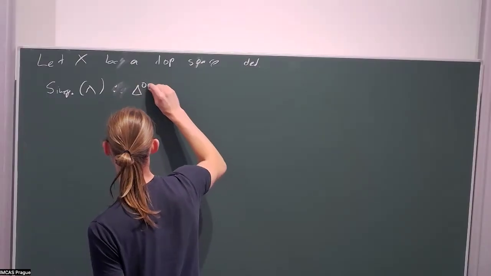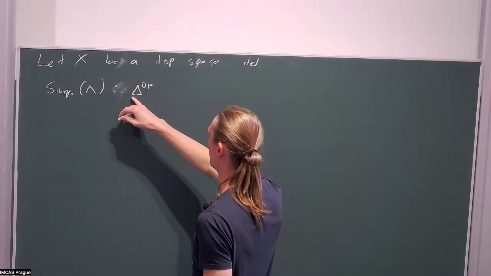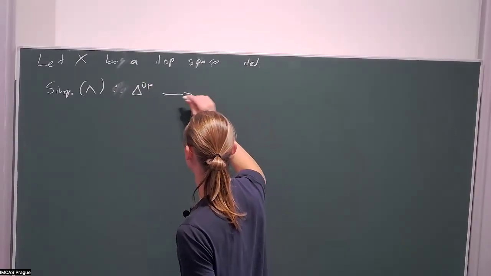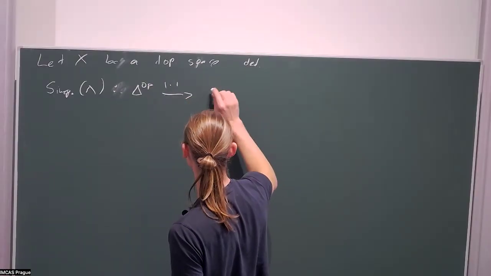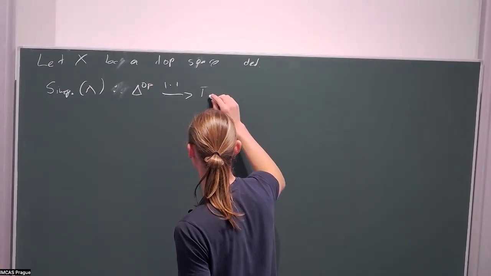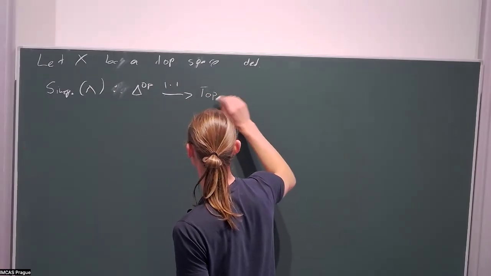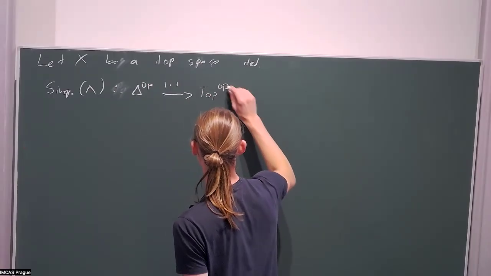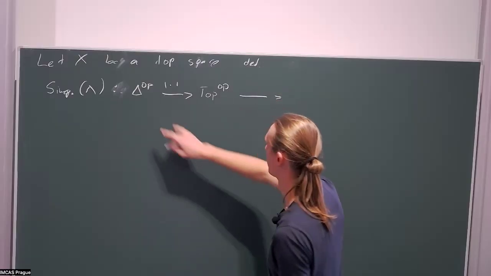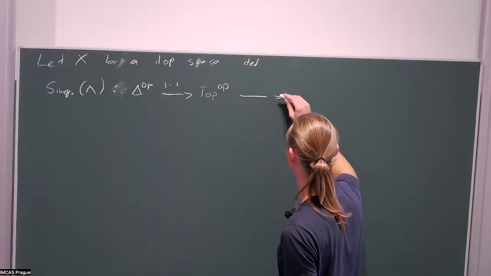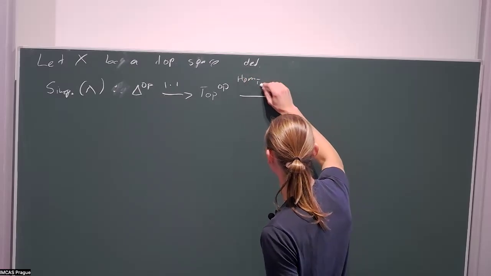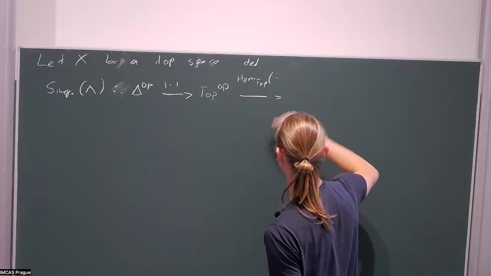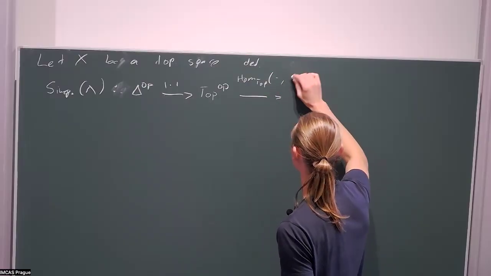So this starts at the simplex category op. Then I do this geometric realization functor to the category of topological spaces. Here it's the opposite because this is a covariant functor. And then I apply the functor of continuous maps from an arbitrary topological space to X.